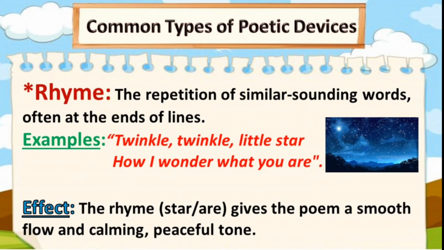Here, star and are give the poem a smooth, slow, calming, peaceful tone. In the same way, rhyme is used to give a calming and peaceful tone to the poem.